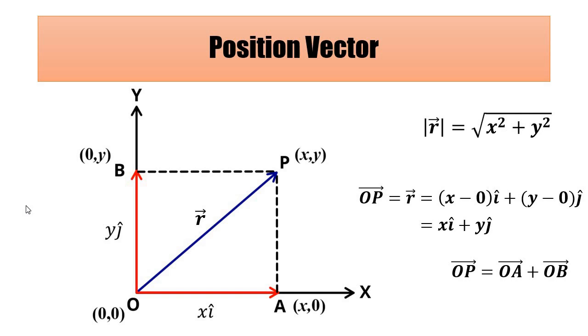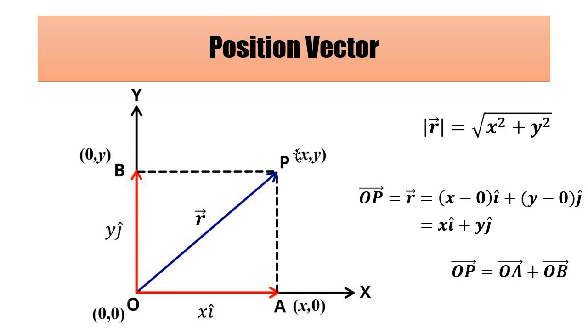Okay, it can be done for two-dimensional motion, or motion in a plane, or location of a point in a plane, or location of a point in three-dimensional space. So here we are discussing two-dimensional motion. Let's say we have a point P which is specified by the coordinates x, y.